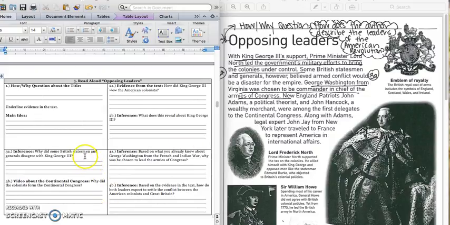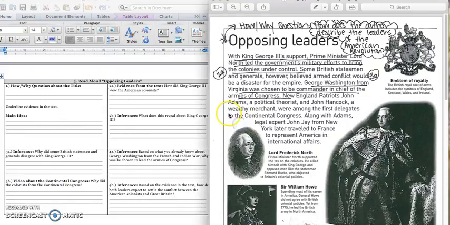3A says, why did some British statesmen and generals disagree with King George III? Let's go back in our text. It says, some British statesmen and generals, however, believed armed conflict would be a disaster for the empire. So they disagreed with King George III because they thought a war with the American colonists in North America would actually be a disaster for the entire British Empire.